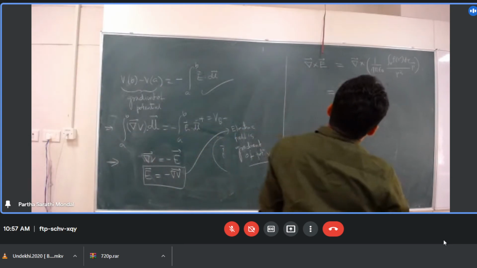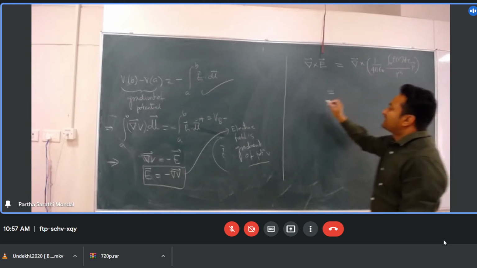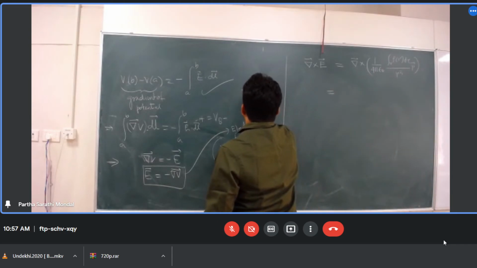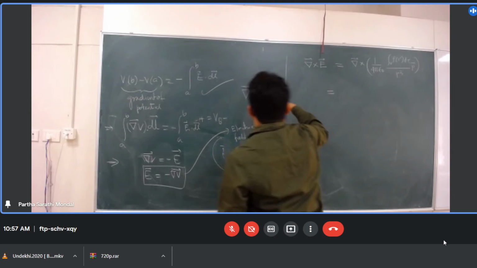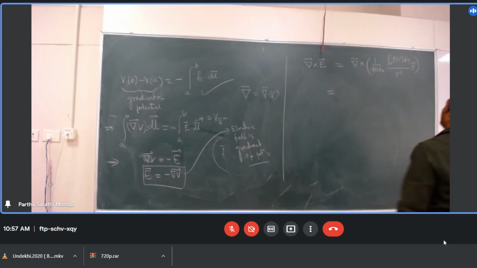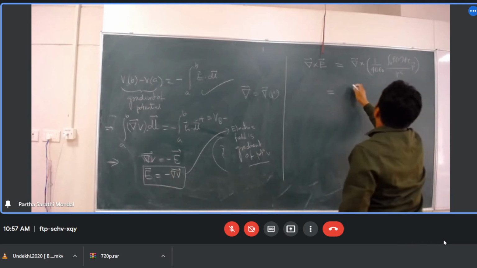Scalar part, the constant part. This is not a function of r because our gradient is what? Gradient is actually it's a function of r. इसके अंदर r है, del/del x, del/del y, del/del z, which is nothing but r. But it is a function of r', so it's a constant quantity, so it will come out.